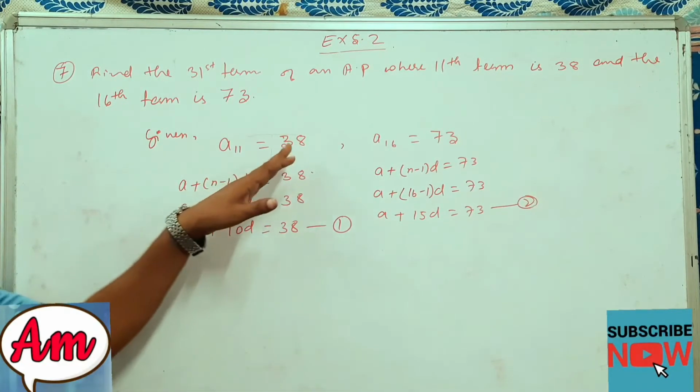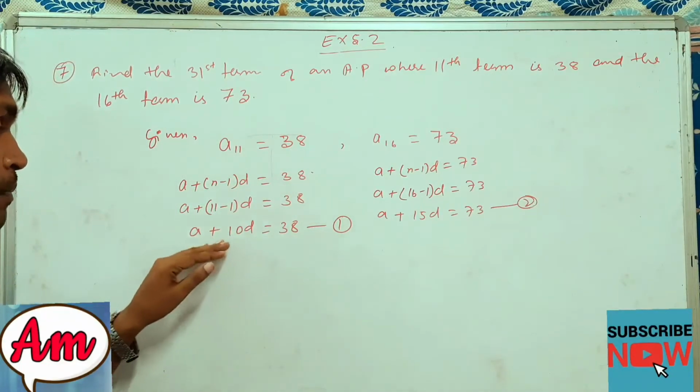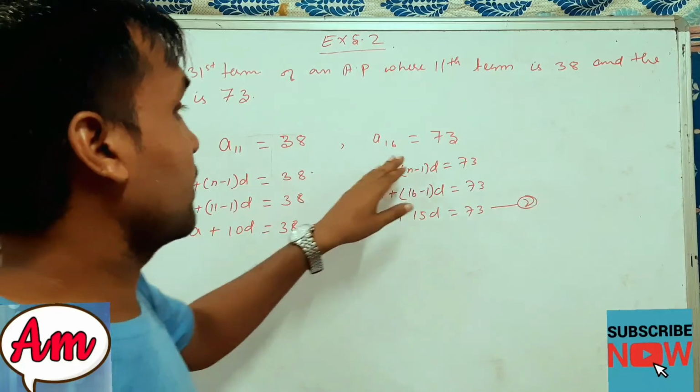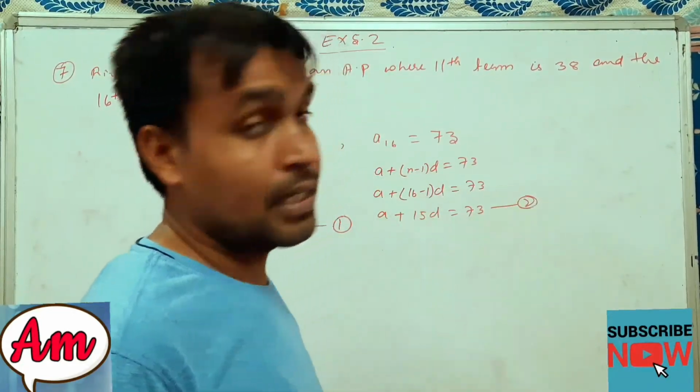So A11 equals 38 gives the equation a plus 10d equals 38, and A16 gives a plus 15d equals 73.